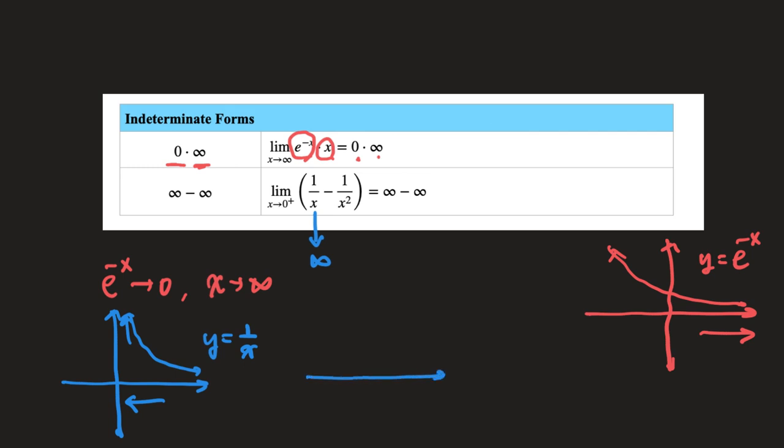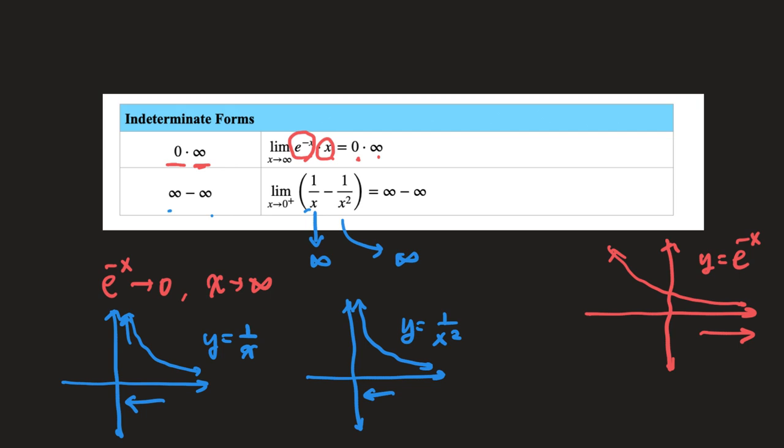How about 1 over x squared? Same thing, guys, but this one is much steeper. y equals 1 over x squared, as x approaches 0 from the right, this goes to infinity. So this limit we call infinity minus infinity, and you need another technique to find it before using L'Hopital's rule.